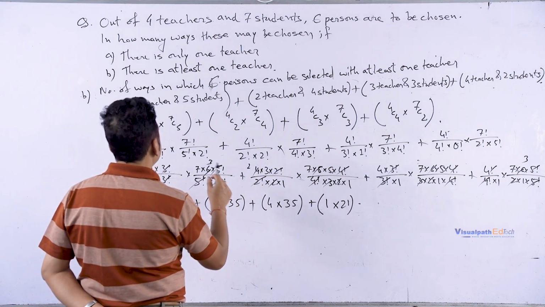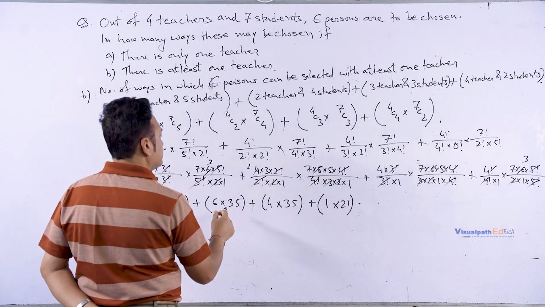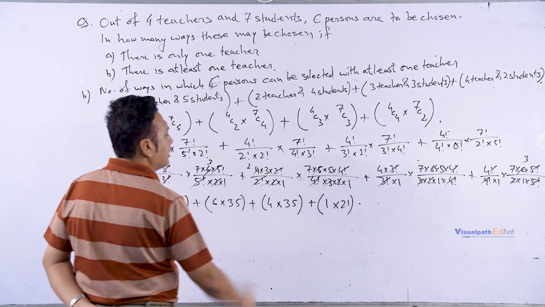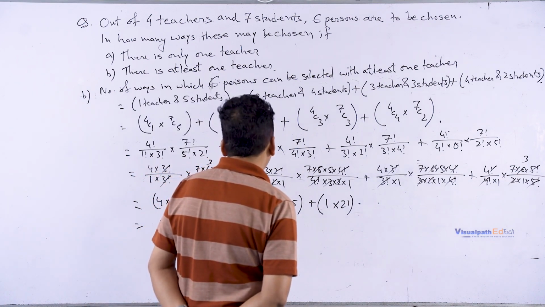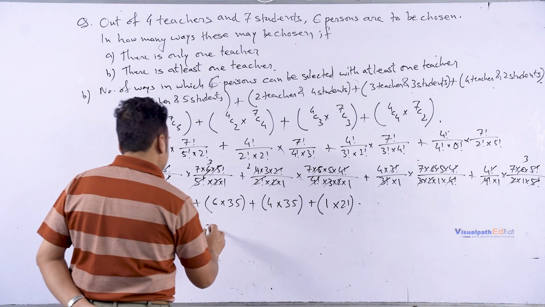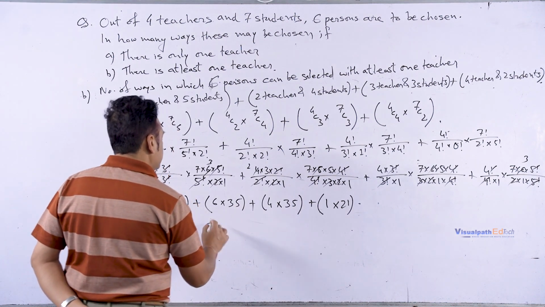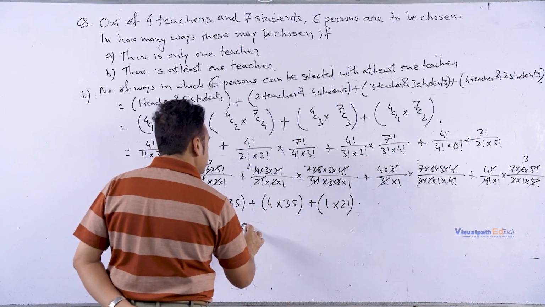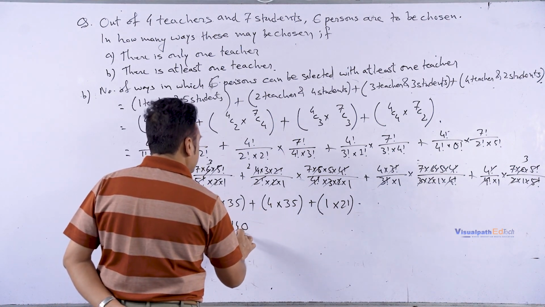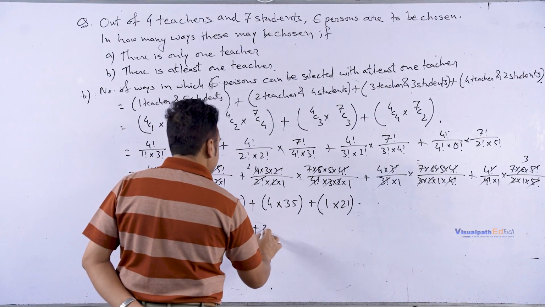So, ultimately we have 84 plus, okay, is this correct one? 6 into 35, yep. So, this is 210 plus this is 140 plus 21.